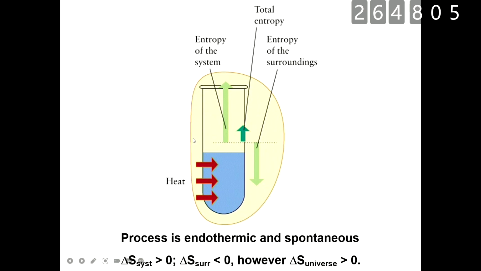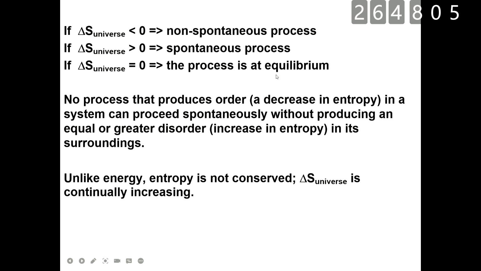When it is 0, the process is at equilibrium. So no process that produces order in a system can proceed spontaneously without producing an equal or greater disorder in its surroundings.